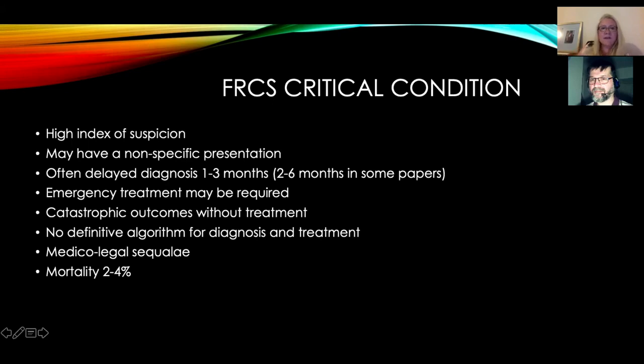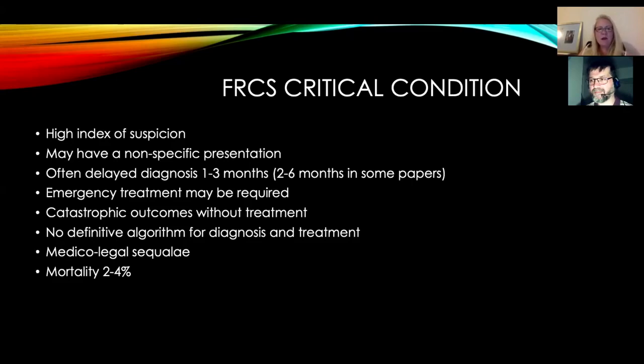This is an FRCS critical condition, which means it's pass-fail when it comes to your exam. The important thing is to have a high index of suspicion. A lot of these patients have a non-specific presentation, and the diagnosis is often delayed by approximately 1 to 3 months, or 2 to 6 months in some papers.